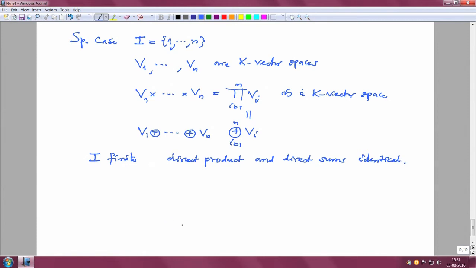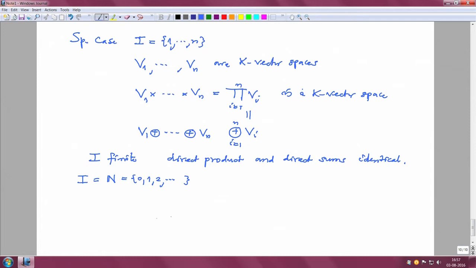But obviously when I is not finite, let us take one case where I is infinite. The simplest infinite set is the set of natural numbers, 0, 1, 2 and so on.